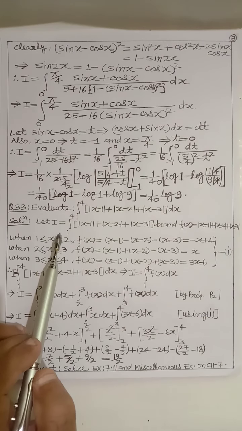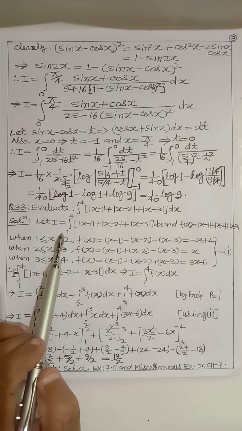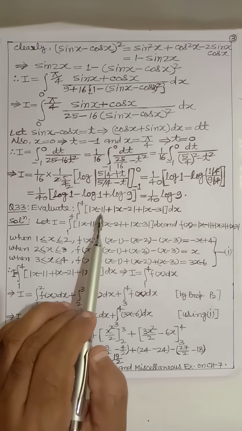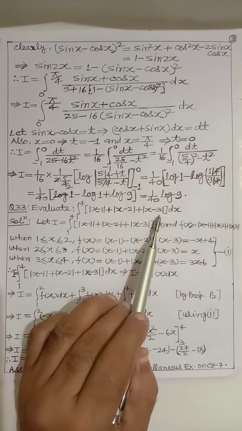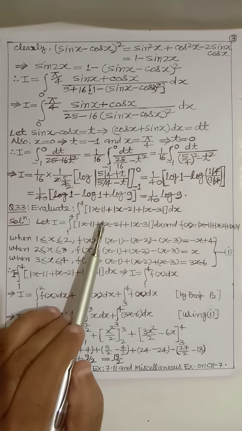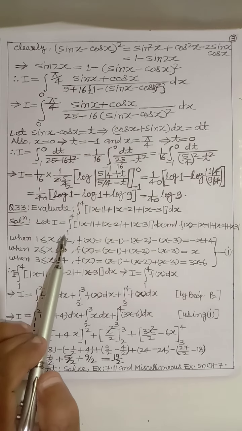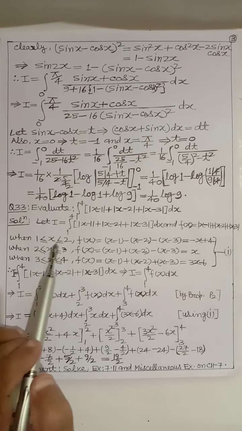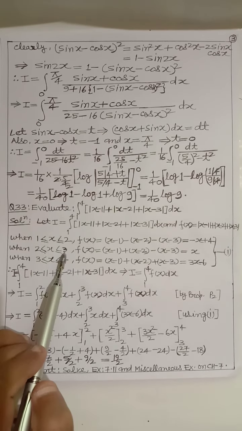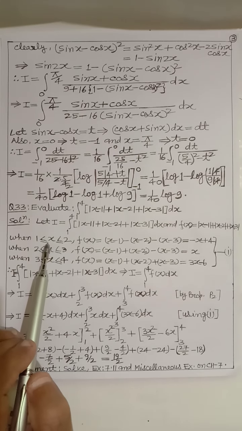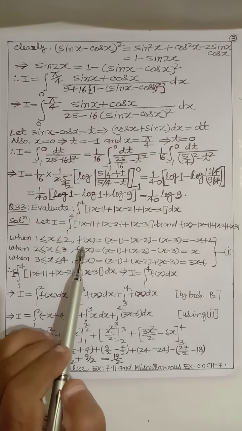Dear students, here we have three critical points, namely x is equal to 1, 2 and 3. So according to this we break the limits 1 to 4, that is from 1 to 2, 2 to 3 and 3 to 4, and in each case we find the value of f(x).